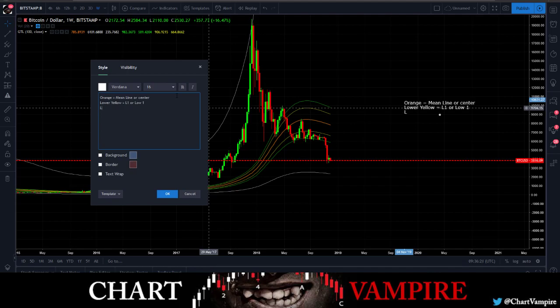Then we got our lower green equals L2 or low 2. Okay, now we're going to work that same way up, right? Now actually we have a low white, and this equals our L3 or bottom.